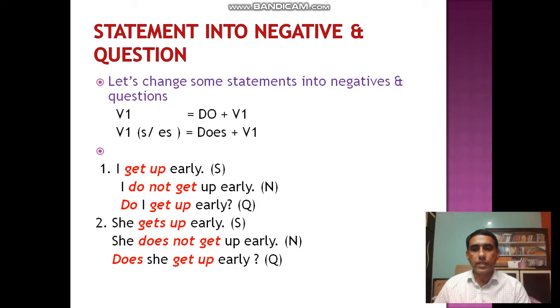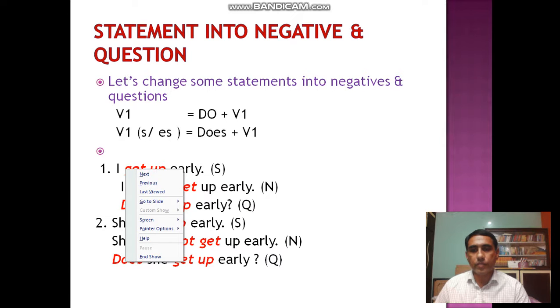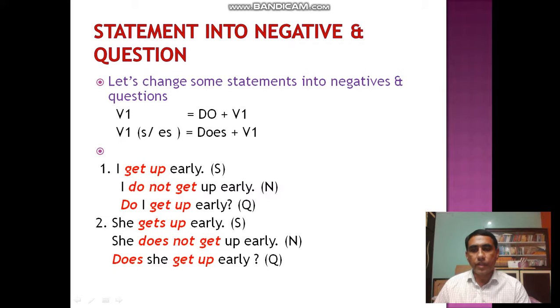Already we discussed V1 is equal to what? Do plus V1. V1 S oblique ES means does plus V1. Let me give some examples. I get up early. It is statement of answer sentence. Look here, what is the verb here? Get is the verb, isn't it? Yeah. Get is the verb. V1.